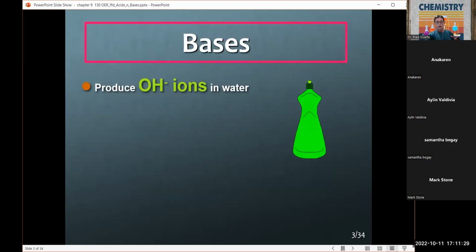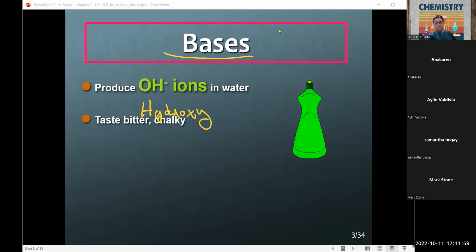Now, anything that produces that polyatomic ion OH, which is the hydroxide ion, is classified as a base. So what that means is that the bases we're going to work with are all ionic compounds.